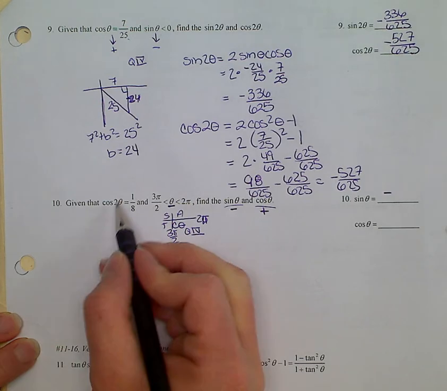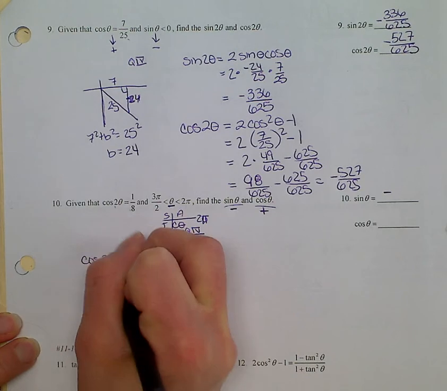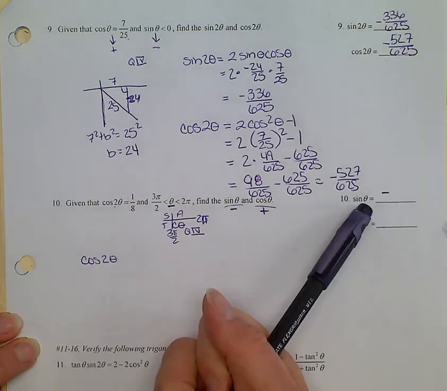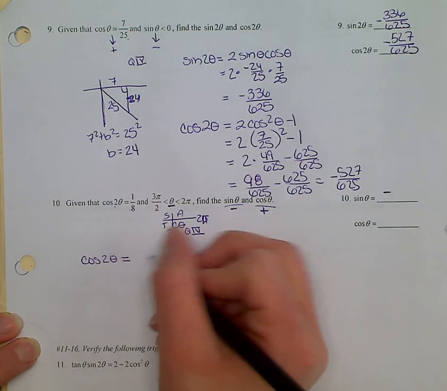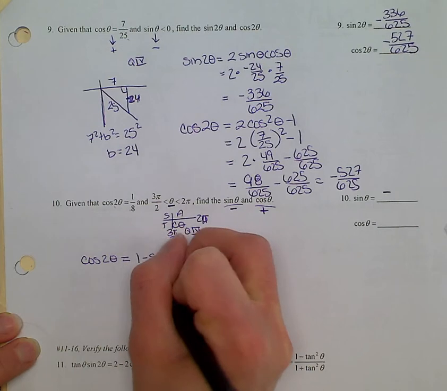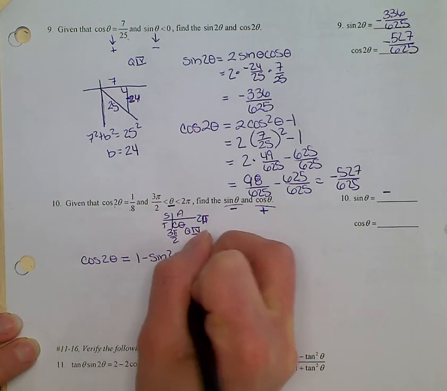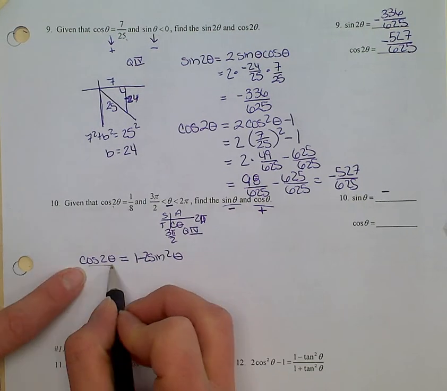I'm going to fill that in so I don't make a mistake on theta in the end. So now the cosine of 2 theta is 1/8. I'm going to go ahead and solve for my sine first, just because it's listed first. There's no reason why we have to solve for it first. So that would come from 1 minus 2 times the sine squared of theta. I know that the cosine of 2 theta is 1/8.